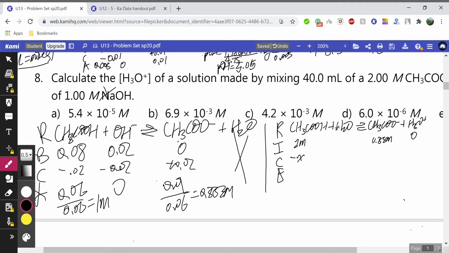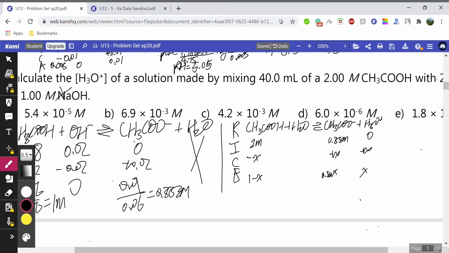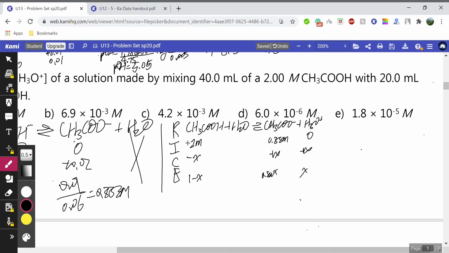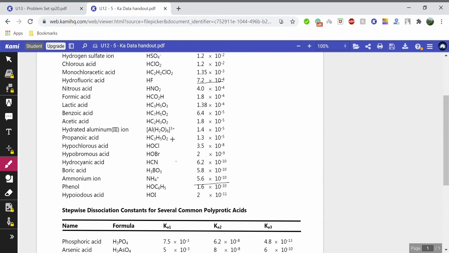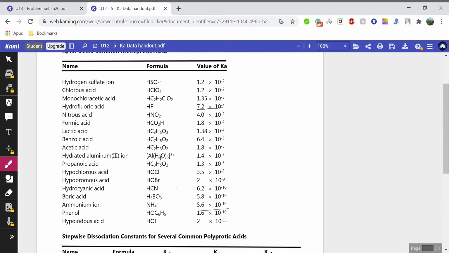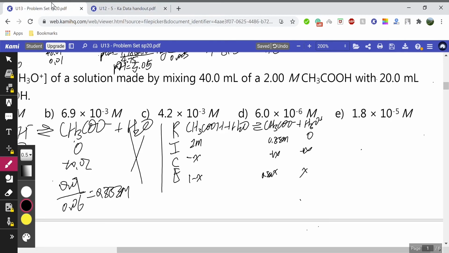Now subtract x, 1 minus x, now plus x, 0.333 plus x, and it will be x over here. Because we're producing H3O plus, we're going to be using Ka of acetic acid, CH3COOH. Acetic acid is this one. Alright, these two can be used interchangeably. They're both acetic acid. So this is going to be 1.8 times 10 to the negative 5th power.